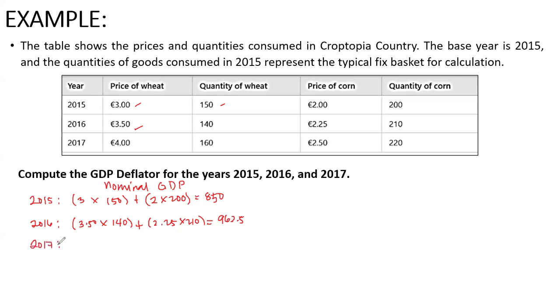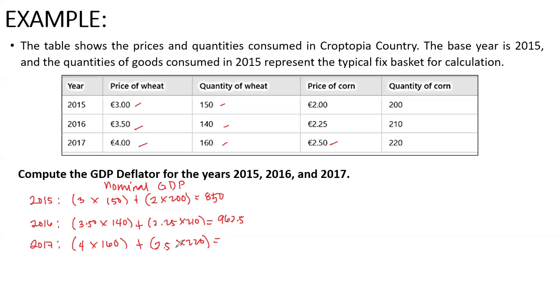Now for 2017, you will be using the current price of wheat, which is 4 times 160. This is the current quantity, and you add it with the product of the current price of corn, which is 2.50 times 220. Using your calculator, 4 times 160 is 640, plus 2.5 times 220, which is 550.